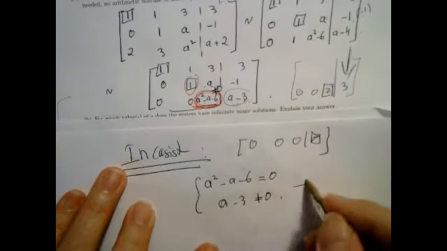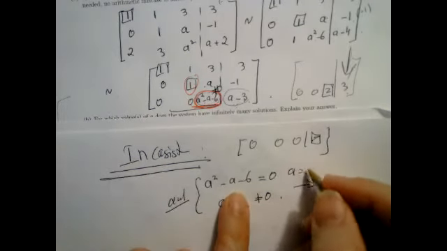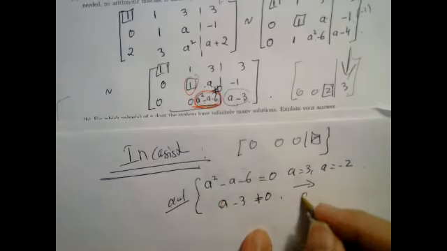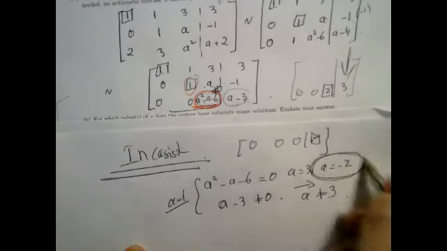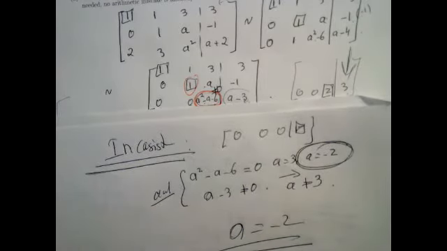And I need both. The first one occurs for a equal to 3 and a equal -2, and I need a different from 3. So both occur when a is -2. And that will give me the inconsistency.